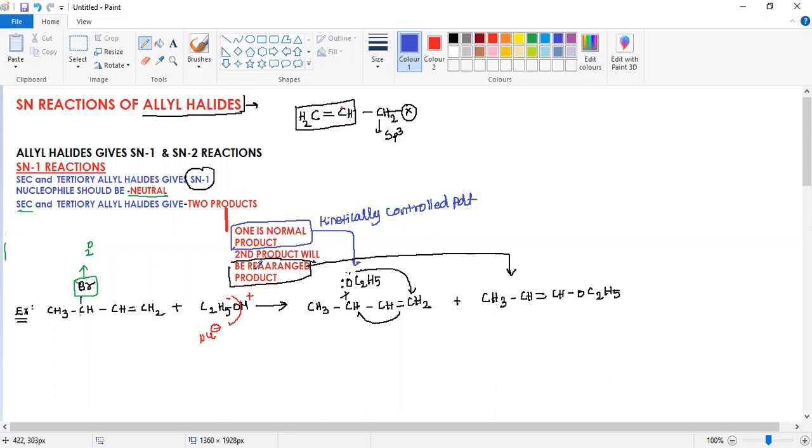Whereas the rearranged product is known as the thermodynamically controlled product.